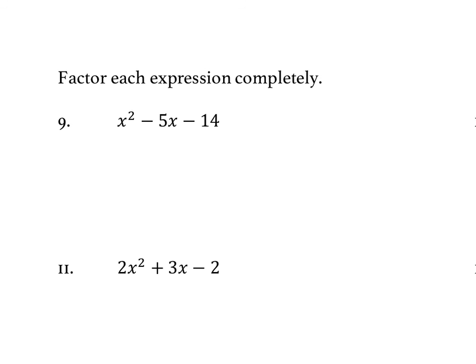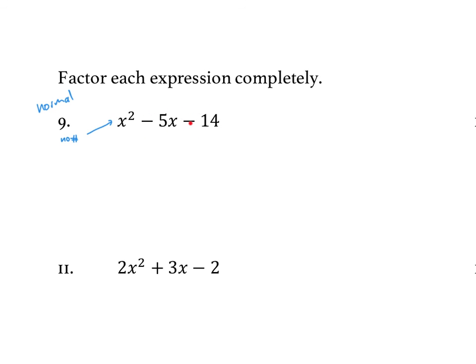Okay, so this one is normal, because there's no number in front of the x squared. Okay, for normal method, you think about two numbers that multiply to be the last number and add up to be the middle number.